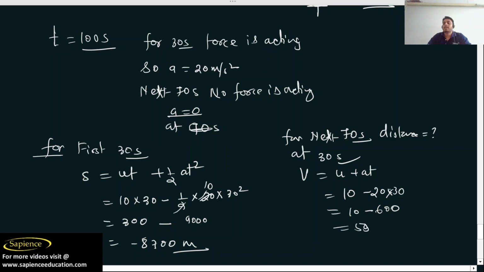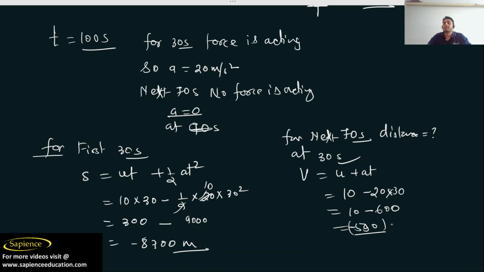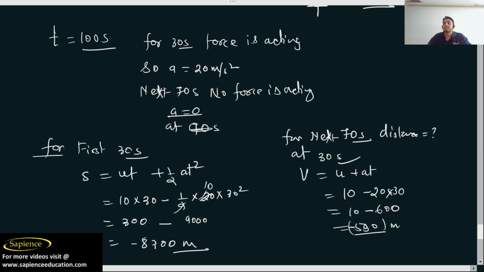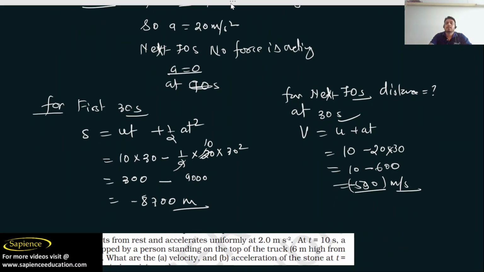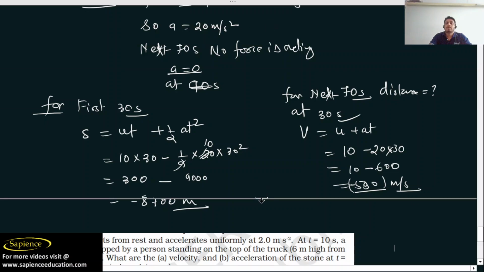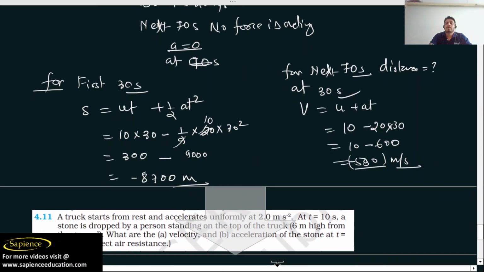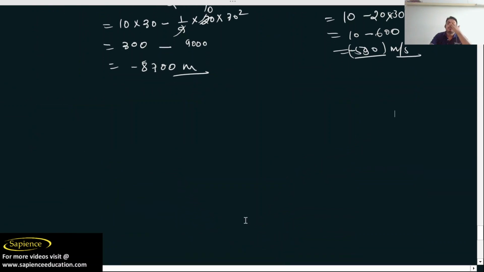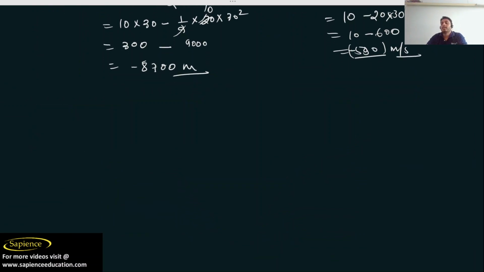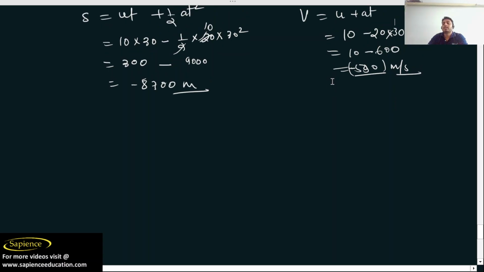So this is your minus 590, negative velocity. V is equal to minus 590 meter per second. Now we have got v, so with this velocity it will move.